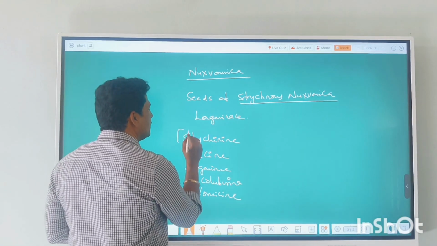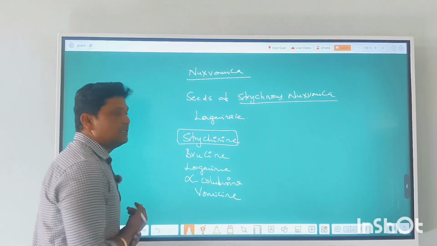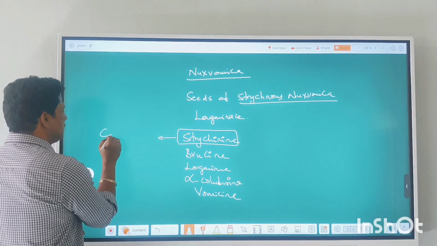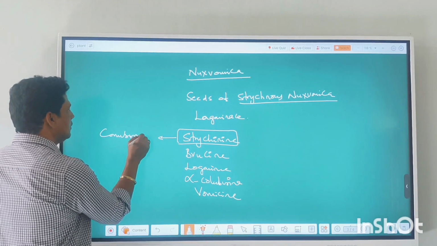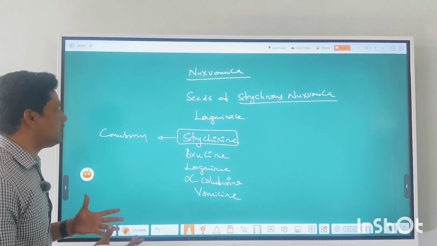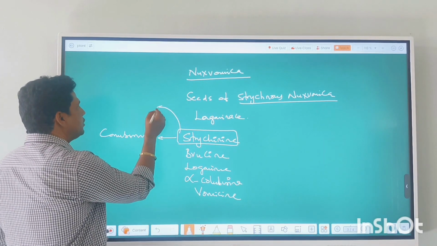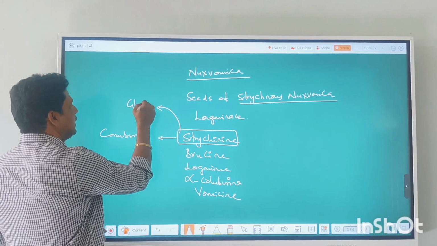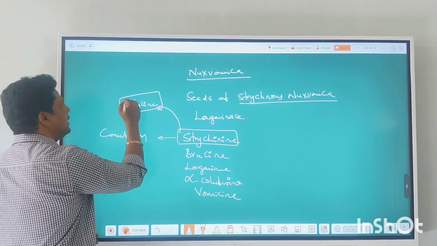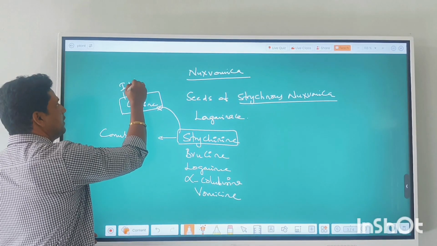Here strychnine induces convulsions. Why does strychnine produce convulsions? Strychnine antagonizes the action of glycine. This is a glycine antagonist. Glycine is basically an inhibitory neurotransmitter.